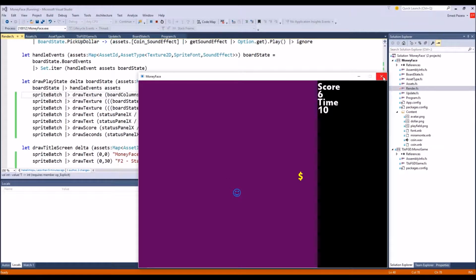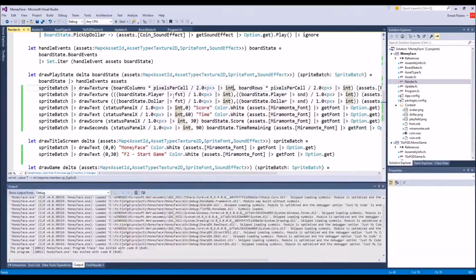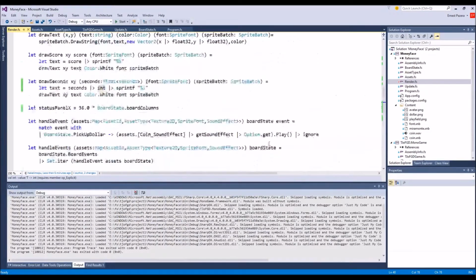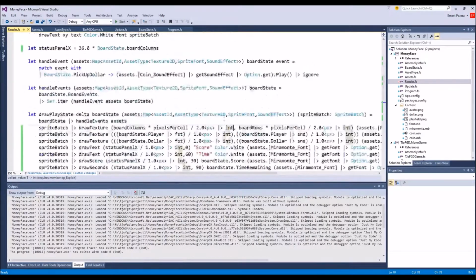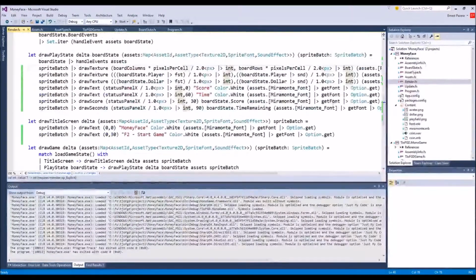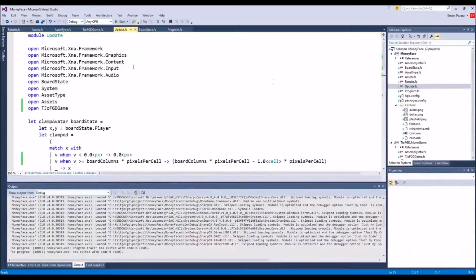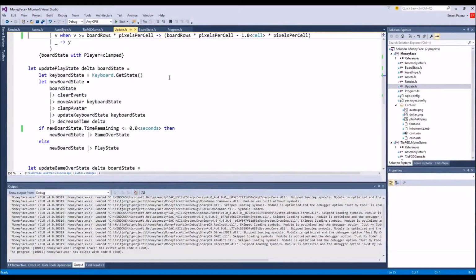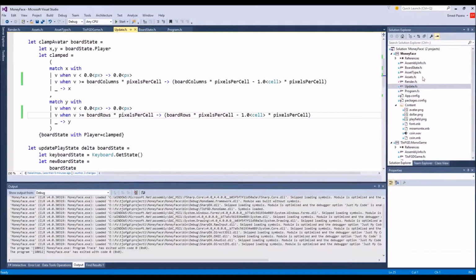Let's take a look at what we want to do for smooth movement, because center of mass was really simple. This next one should be really simple too. Not quite the same, because, where are we at?